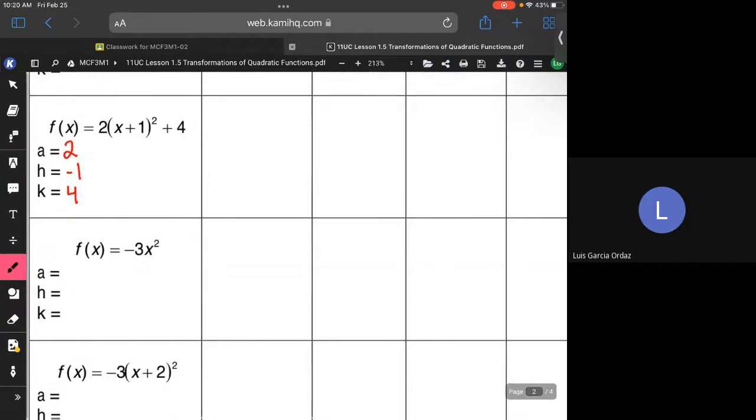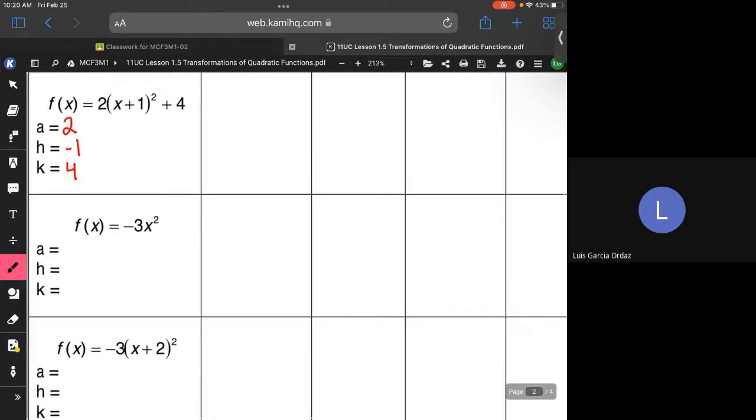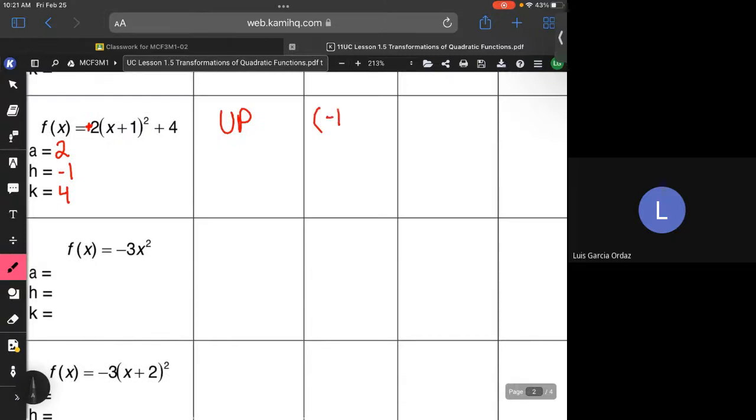So which way does this graph open, up or down? Opens up. How do we know that it opens up? Because the 2 is positive. Yep. My vertex, like Ashton said, is negative 1 and 4. What's my axis of symmetry? X equals negative 1. And now I can sketch my graph.